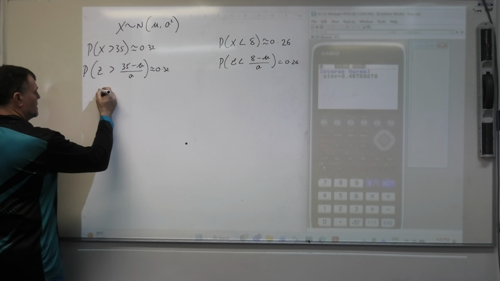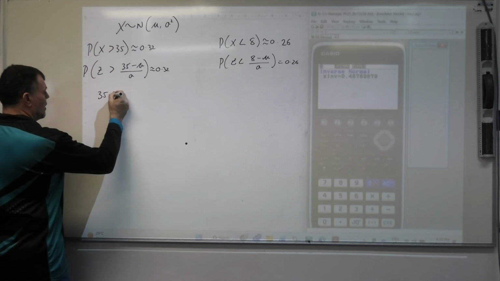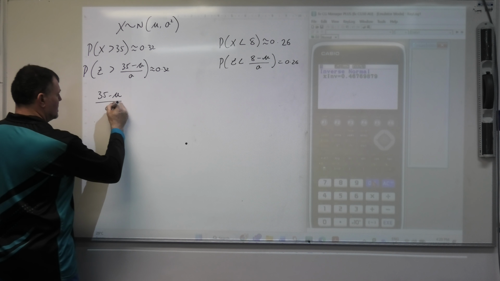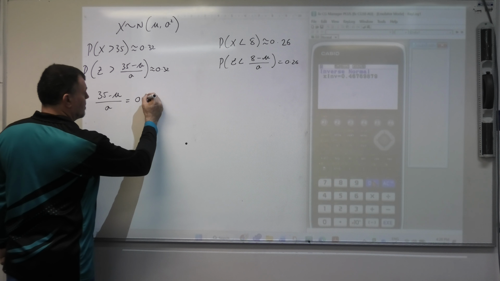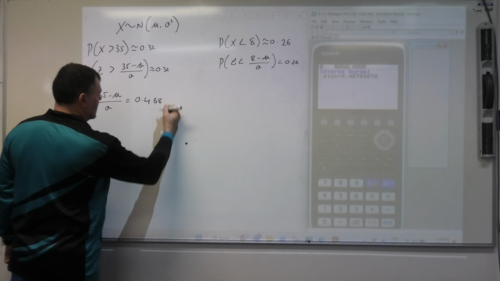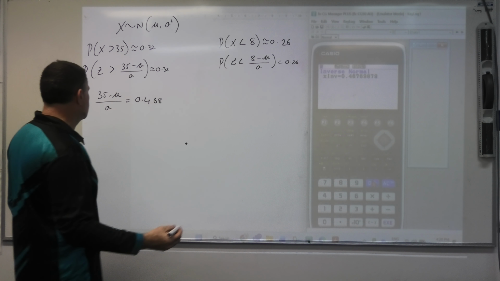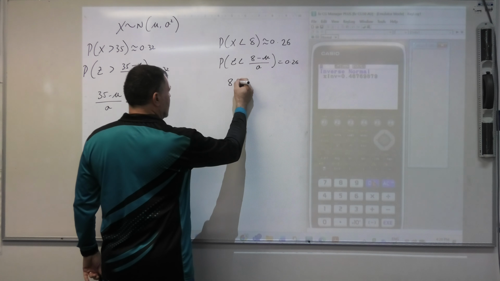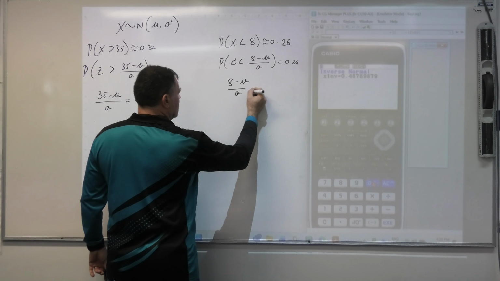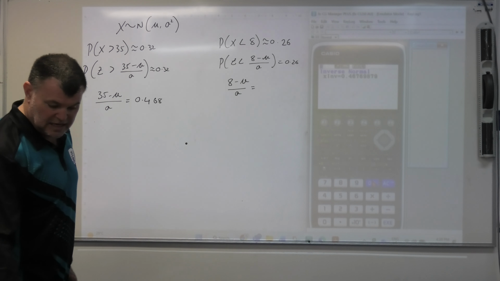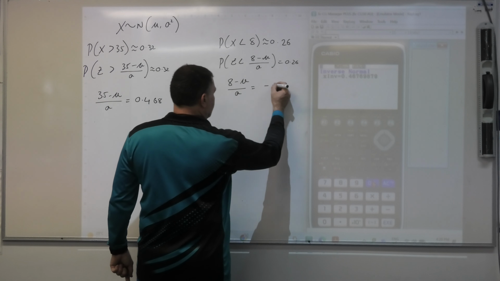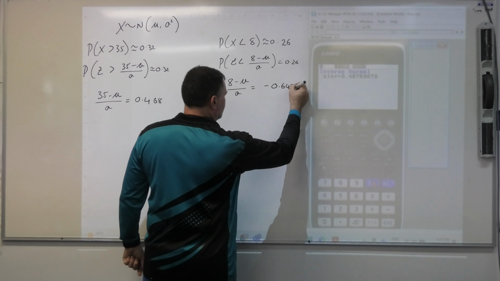So we now can rewrite this as 35 minus the mean over deviation is equal to 0.468. If we did the same thing on the other side, we would have 8 minus mean over deviation is equal to, and I've already done this calculation, negative 0.643.